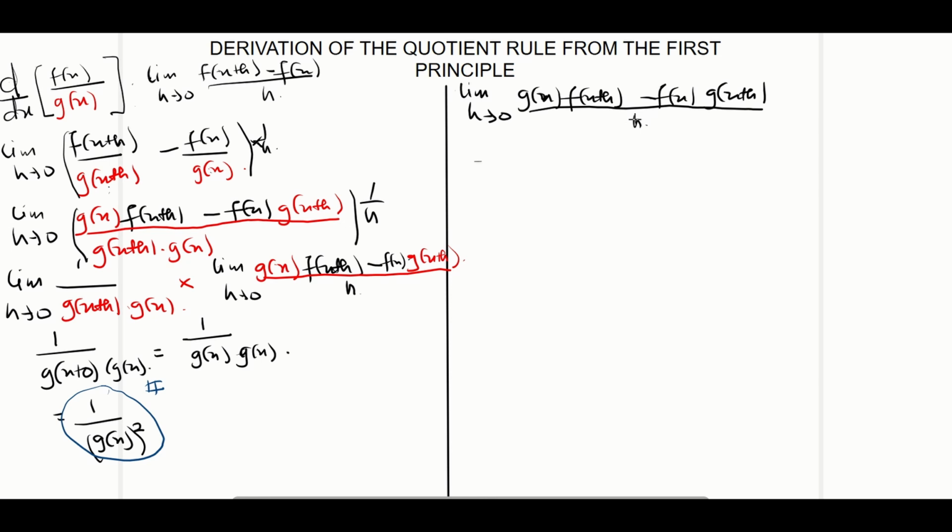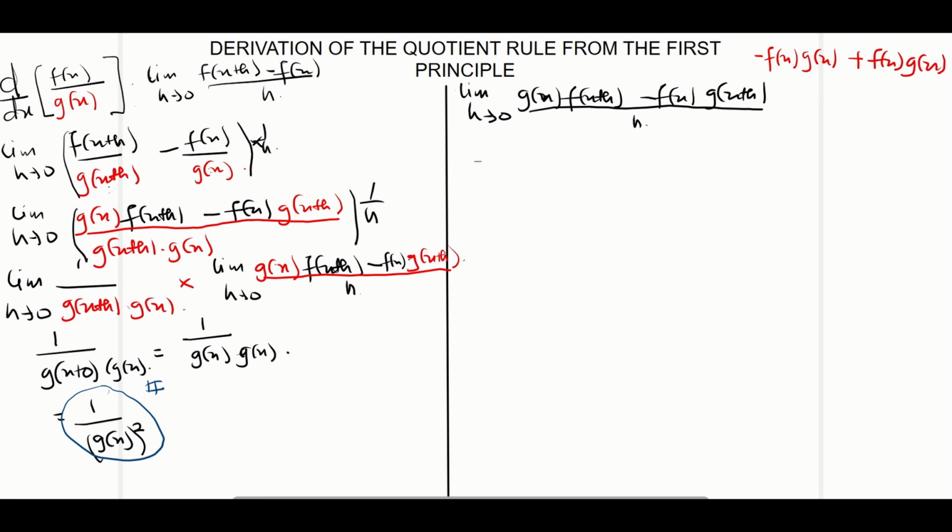But here, let's introduce a concept. Whenever I have a function like minus f of x g of x plus f of x g of x, this is going to give me 0, since minus 1 plus 1 is 0. So let me introduce this, put 0 over here, and I have not changed the function. It's still the same thing.